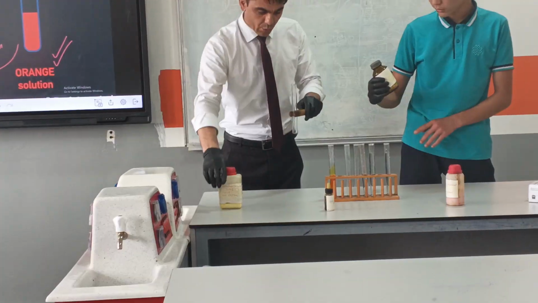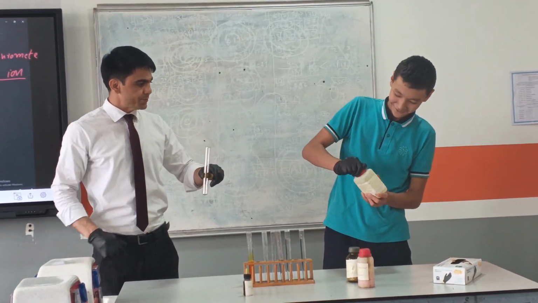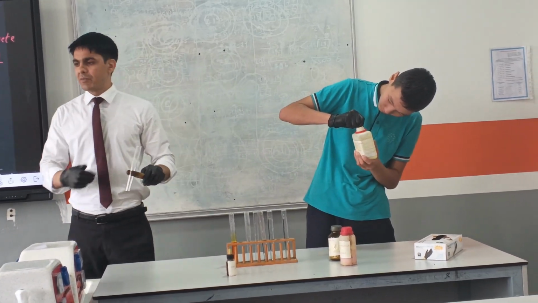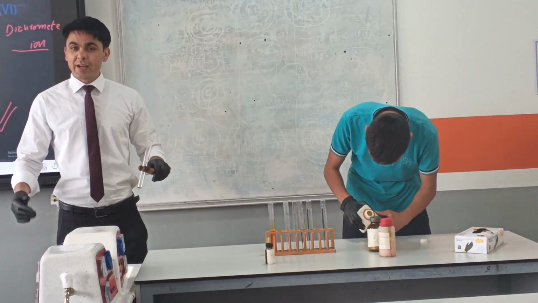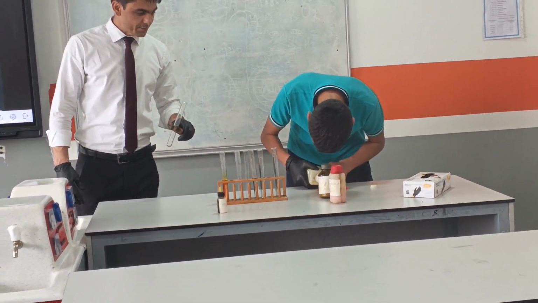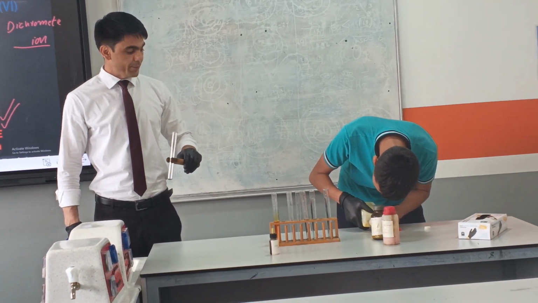Now we are going to make the chromate solution. This one. Similarly, just a little amount. So what will be the color of this solution? Yellow. So we are going to prepare a yellow solution.